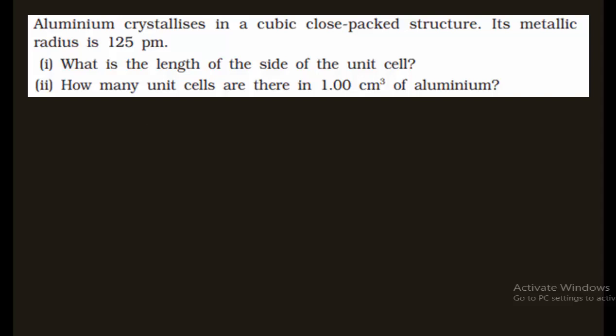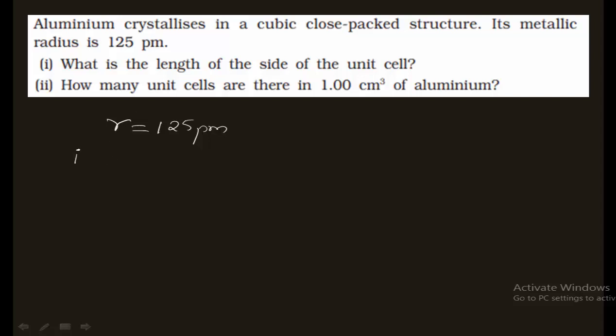So again, here first thing we have to calculate the edge length, and they have given radius, that is equal to 125 picometer. So in order to calculate the edge length, we will use the relationship between A and R.